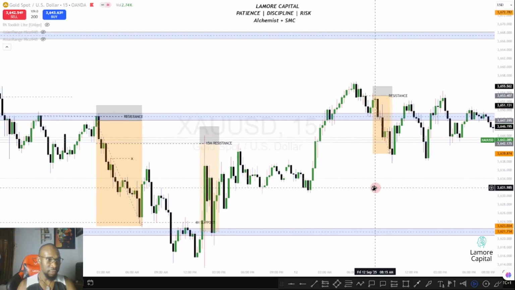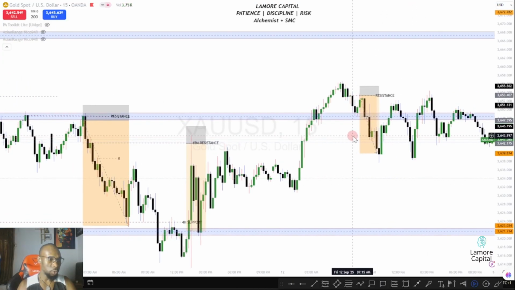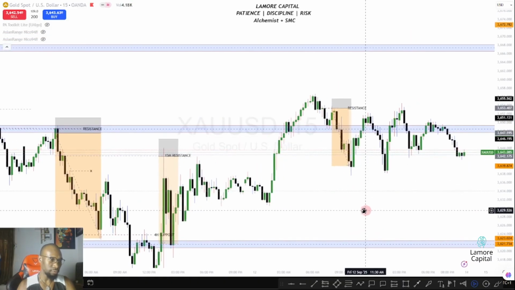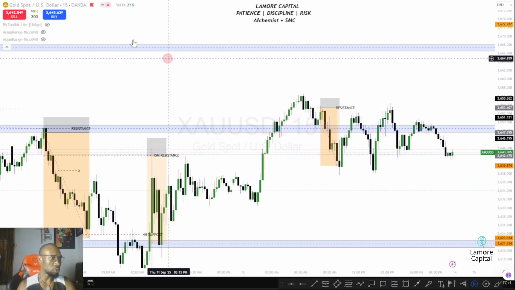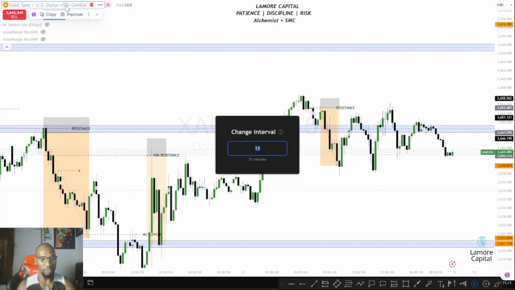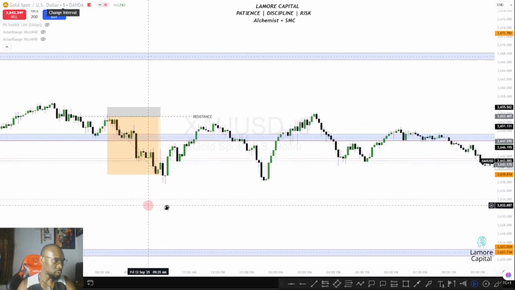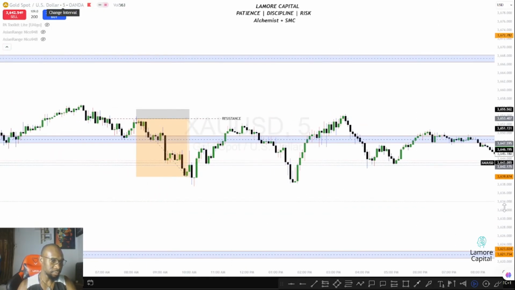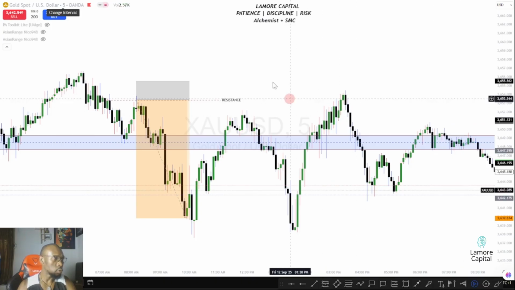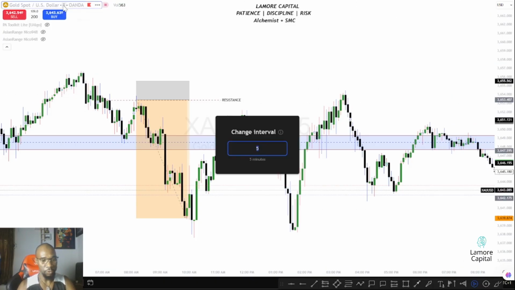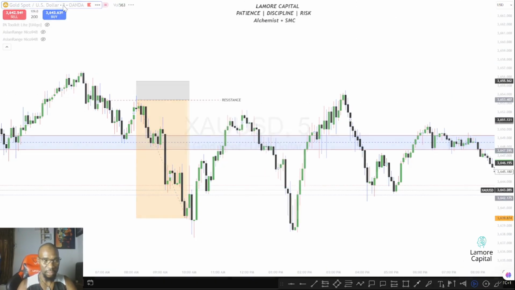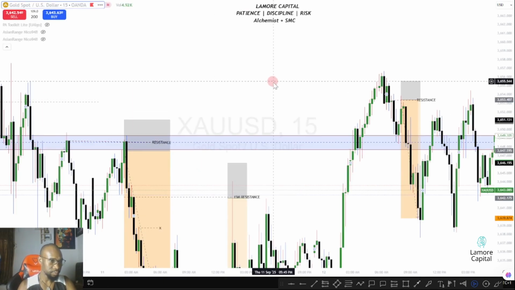So that is it for that. Going to Friday. On Friday, the market condition was also not good for me, but I managed to catch a resistance on this particular trade. It is on the 15 minutes time frame.